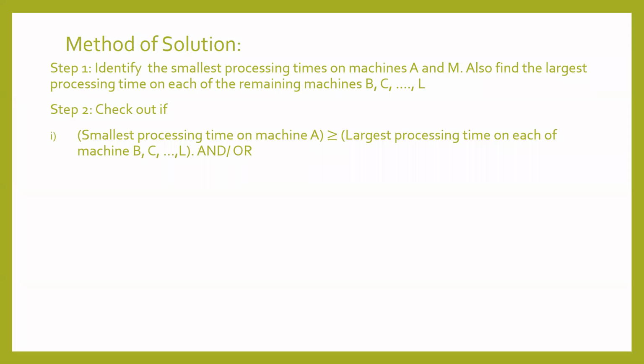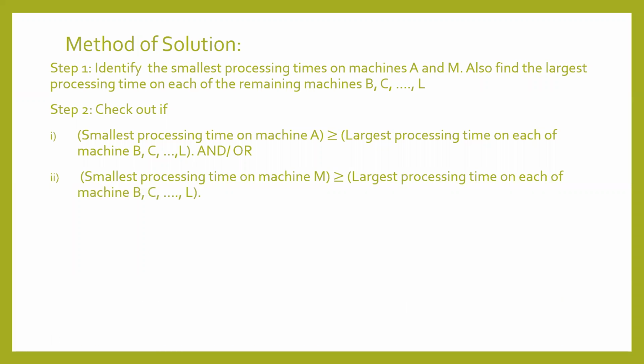That means we can apply Johnson's rule. Otherwise, it is not possible. The second rule as well: either number one or number two should be satisfied.